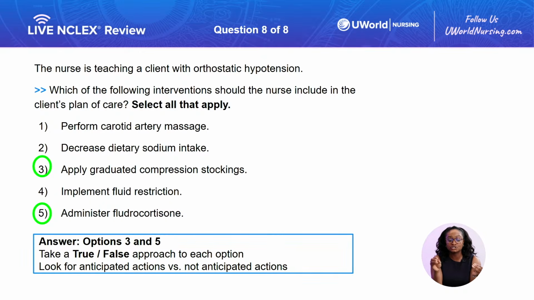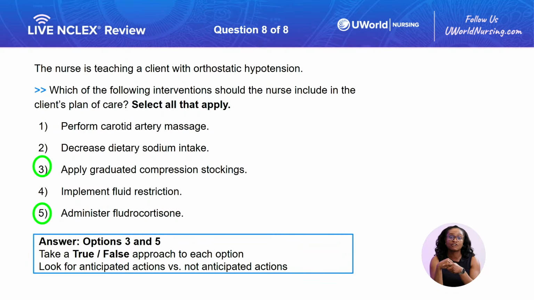Aldosterone reduces sodium loss in the urine, so sodium stays in your body, and wherever sodium is, water follows. So that increases your vascular fluid and that increases your blood pressure and keeps it maintained. So that is a correct thing. We're looking for correct options that would increase or maintain your blood pressure. All the other options would probably decrease your blood pressure.